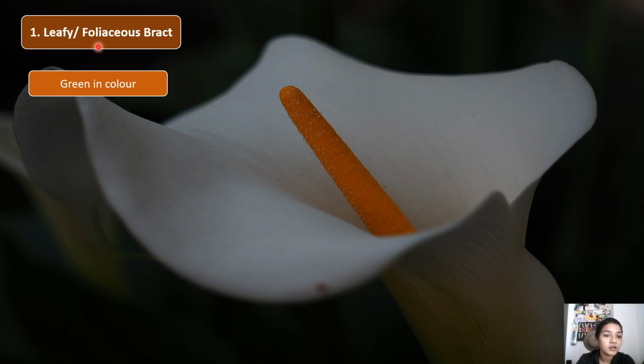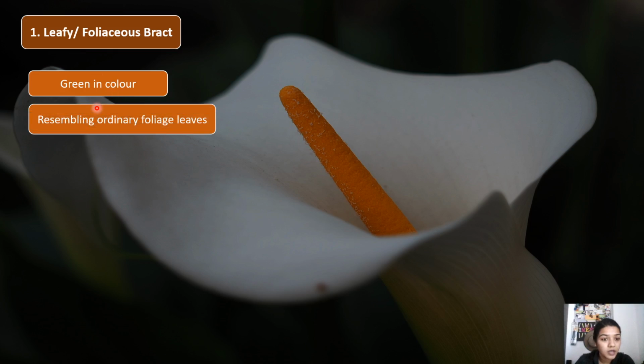Foliage is a different term for leaf, राइट, लीफ का ही दूसरा टर्म है जिसको हम फोलिएज बोलते हैं, तो लीफ को हम फोलिएज भी बोल सकते हैं, और इसलिए इस ब्रैक्ट को लीफी या फोलिएशियस ब्रैक्ट बोलते हैं क्योंकि ये जो ब्रैक्ट्स हैं ये लीफ की तरह लगते हैं, राइट, ग्रीन होते हैं, ग्रीन इन कलर, सो दीज आर ग्रीन इन कलर एंड दीज रिजेंबल ऑर्डिनरी फोलिएज लीव्स, राइट.